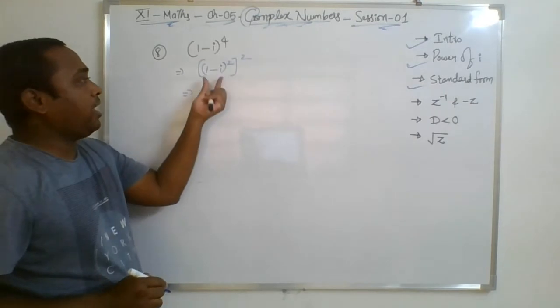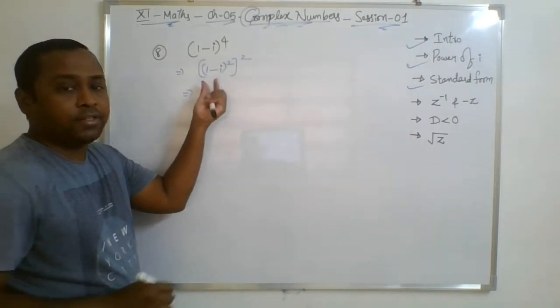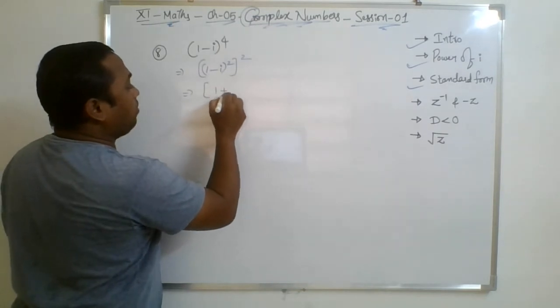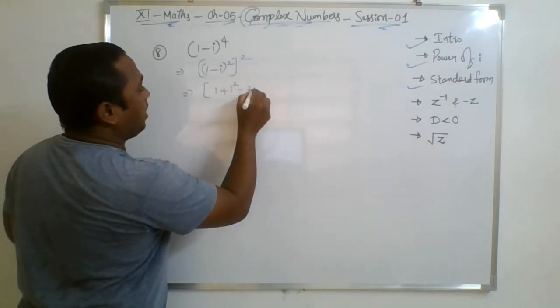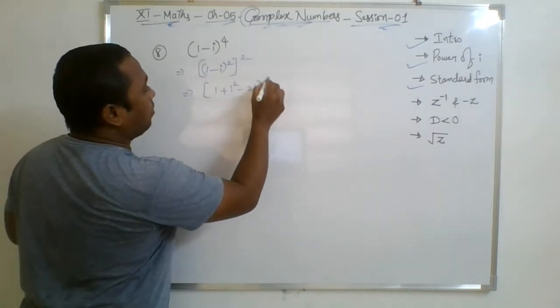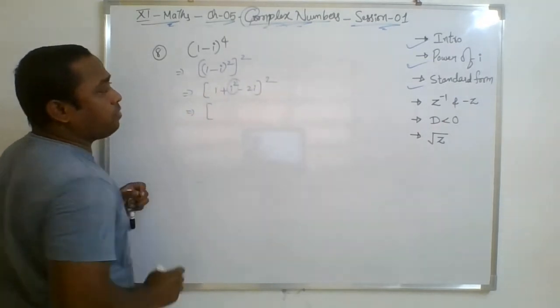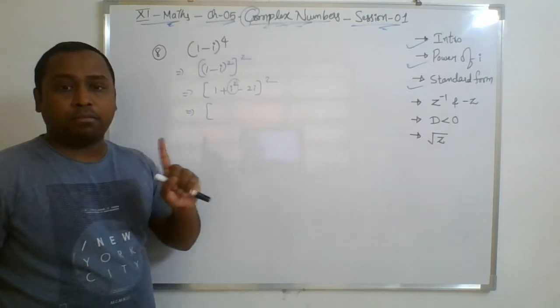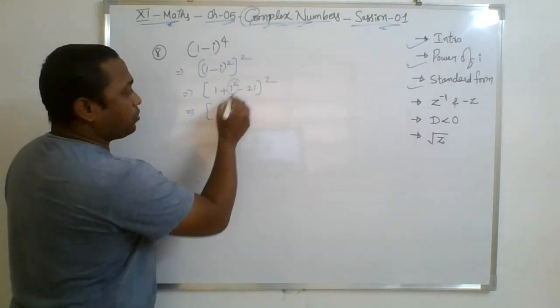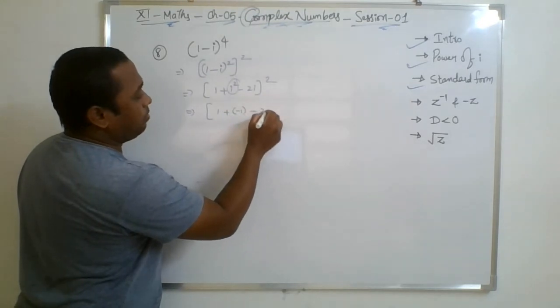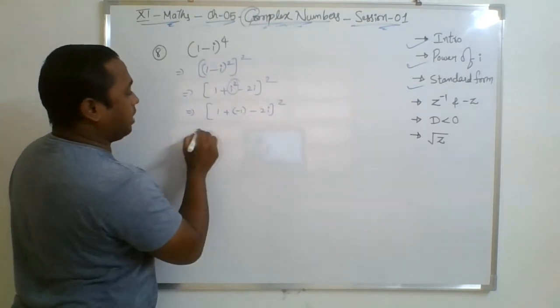Now you can use the a minus b whole square identity first inside the bracket. a square plus b square minus 2ab, whole square. Now see, what is the value of i square? i square value is minus 1. So substitute that: (1 plus of minus 1 minus 2i) whole square.